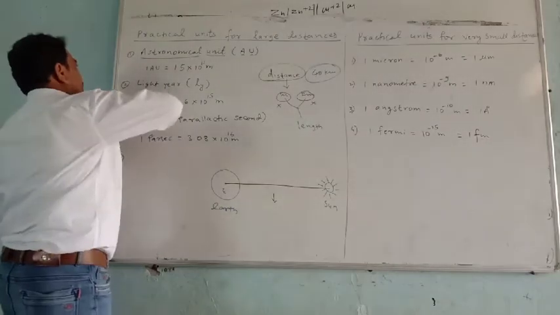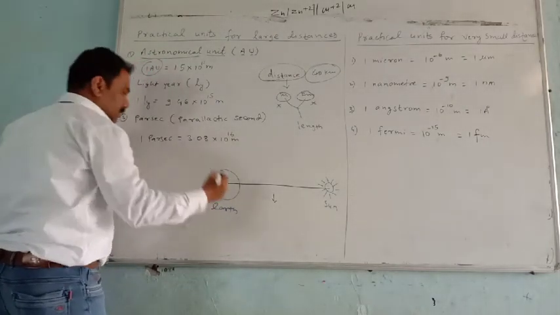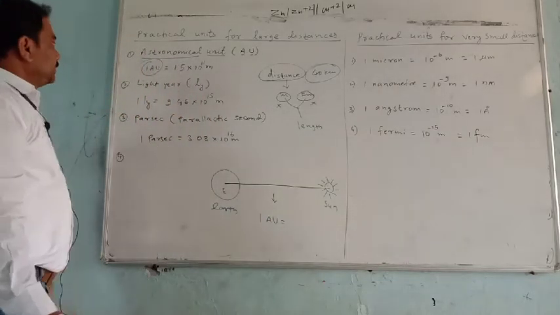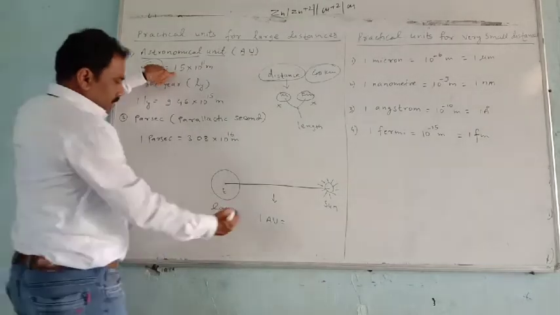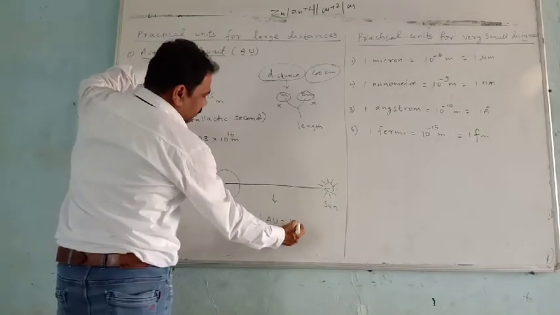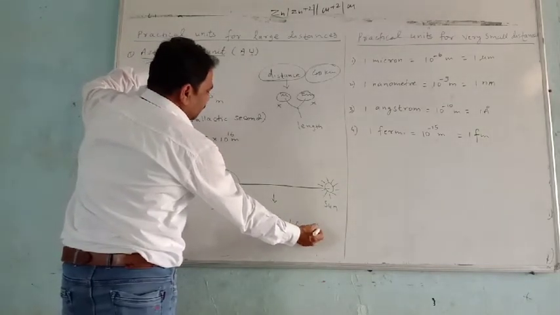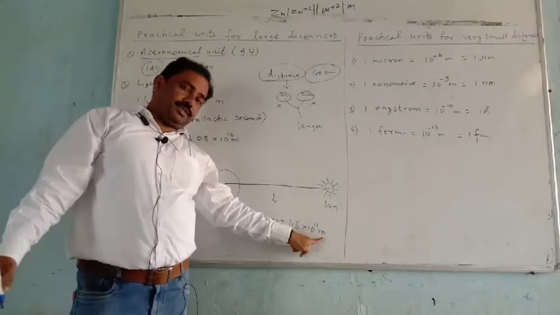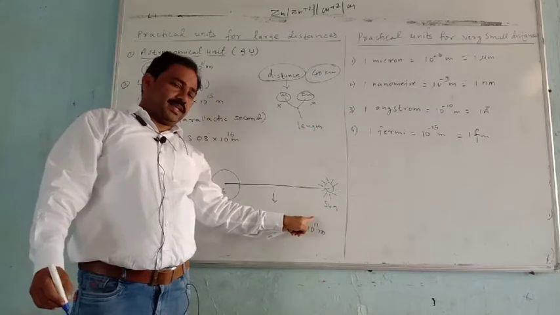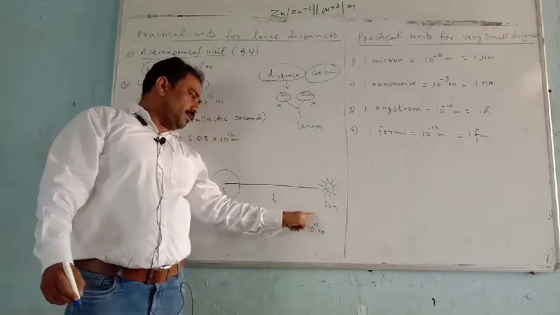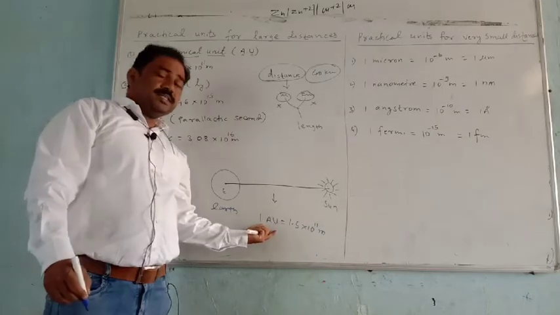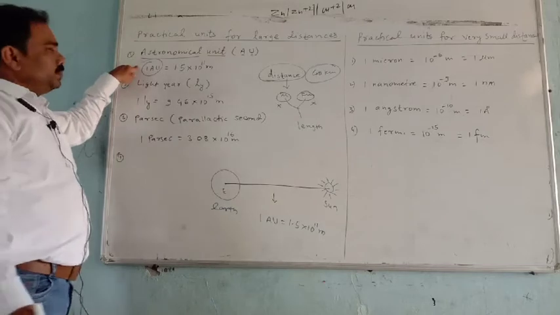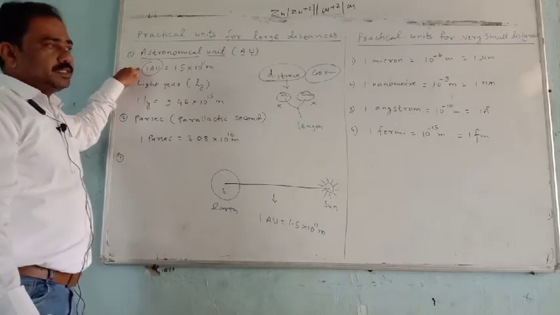AU stands for astronomical unit. 1 AU is 1.5 into 10 to the power 11 meter. It is a very large distance, because 10 to the power 11 is there. That is called the astronomical unit, and it is represented by AU.